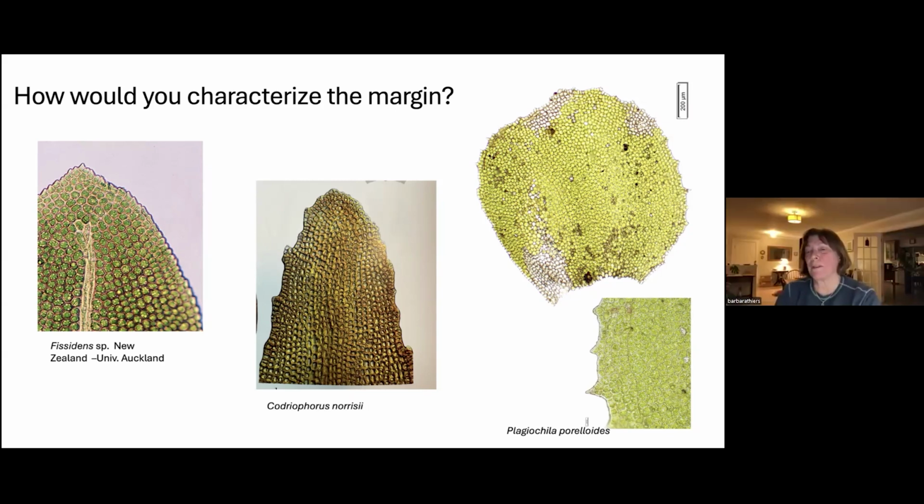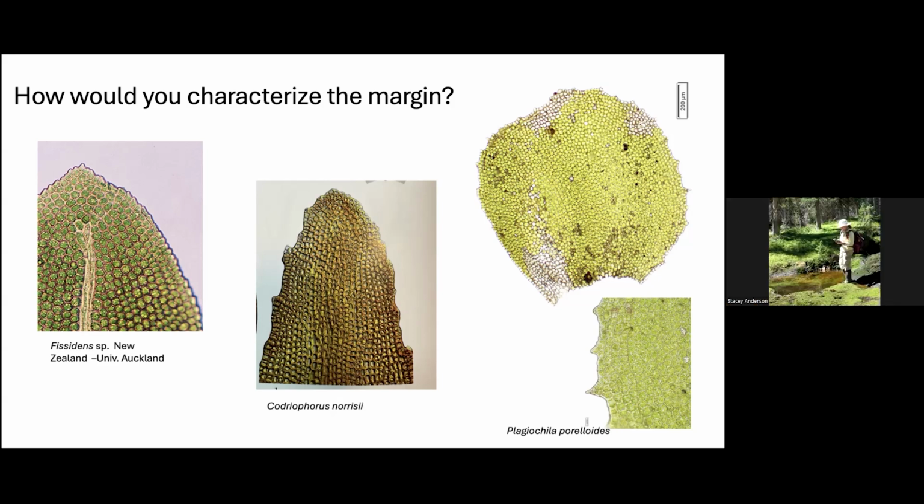And the one on the right is a little harder to see maybe, but this is the same thing. The leaf up above is the whole leaf and then a close up down below. How would you describe that? Well, they look like teeth.